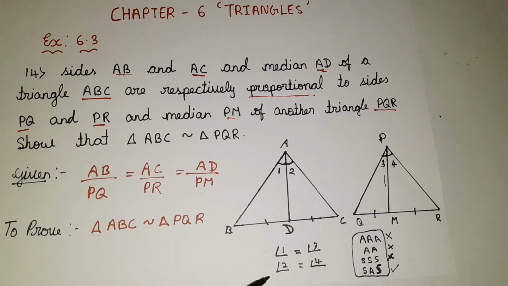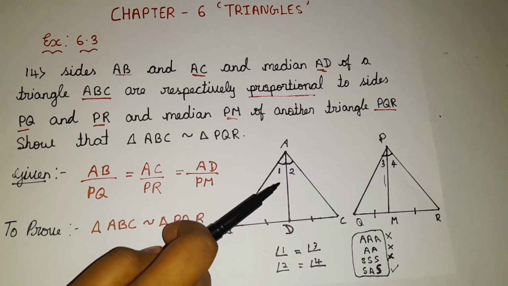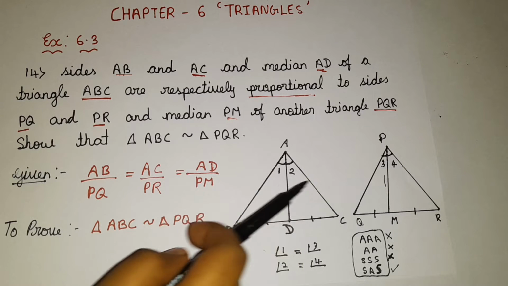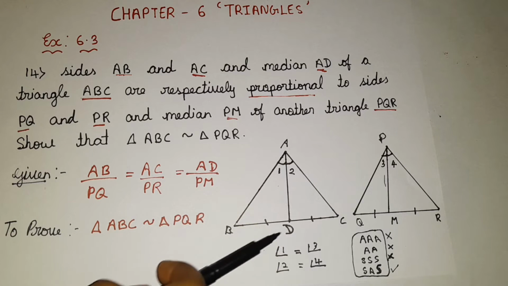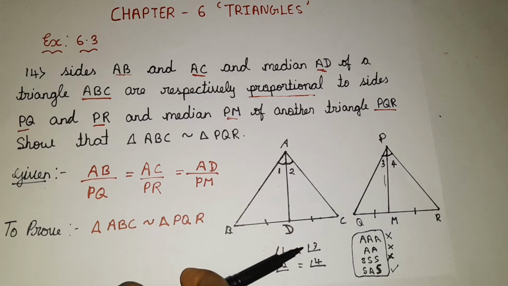I can't just use it directly. So we are supposed to show a proof that angle 1 is equal to angle 3, angle 2 is equal to angle 4. Why? Because I assumed it. Since I assumed like that, I am supposed to show that angle 1 is equal to angle 3, otherwise angle 2 is equal to angle 4. I am supposed to show the proof.